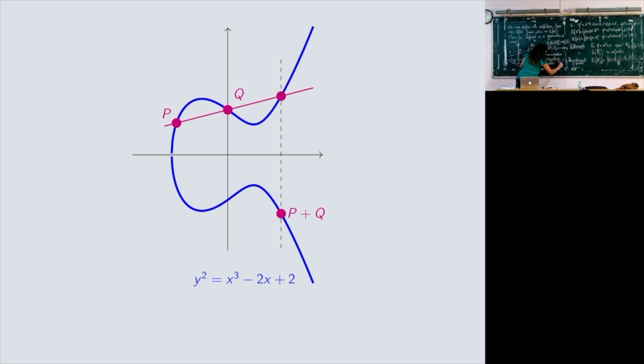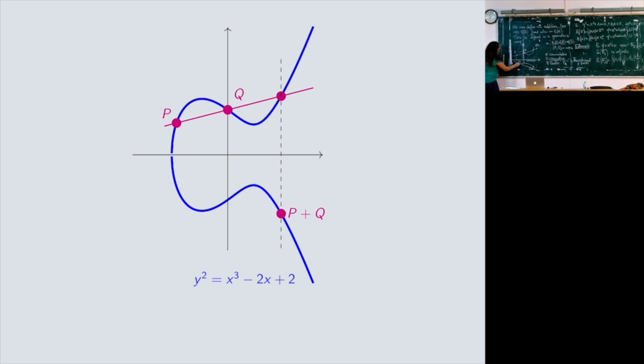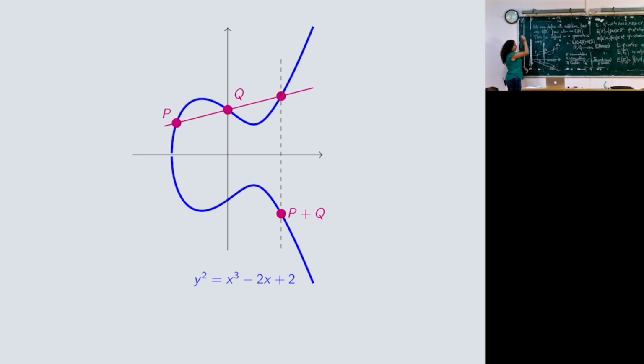What it means is that you have to imagine this point at infinity really at infinity. You take a point, you draw the line, you find another intersection on the same y-axis, and you take the symmetric. So this doesn't change. So it verifies that 0E plus P equals P plus 0E equals P for every P. And then, what is the last one?